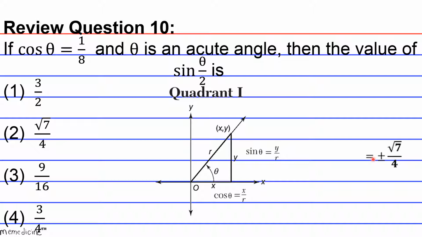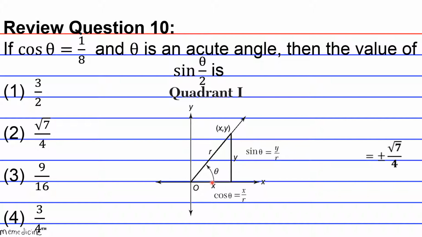Is it going to be the positive or negative? Since we're dealing with the sine of some particular angle, the sine is represented by y over r, the hypotenuse, or the ray that is made with the origin to form the angle.